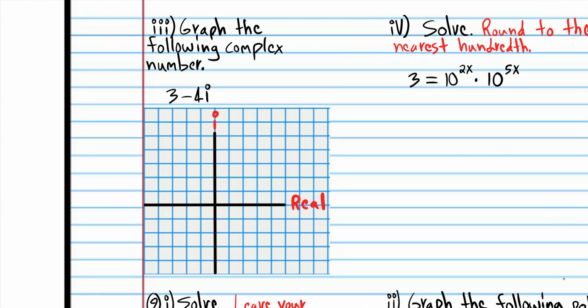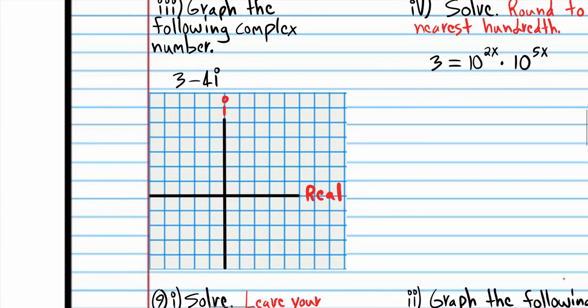Okay, we're back. So this is a complex number, and we can actually graph that number. Mathematicians have defined ways to graph complex numbers. I know that sounds kind of weird, but we can do that. So we're going to count 1, 2, 3 units out on the real axis because the real number is 3.